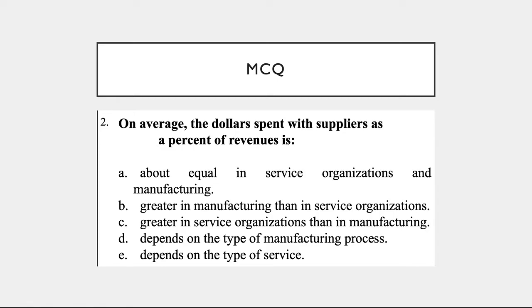Of course, here the answer is B, greater in manufacturing than in service organizations. And as we know, dollars spent with suppliers as a percentage of total revenues is a good indicator of supply's financial impact.